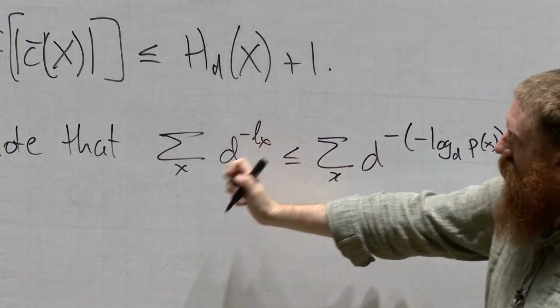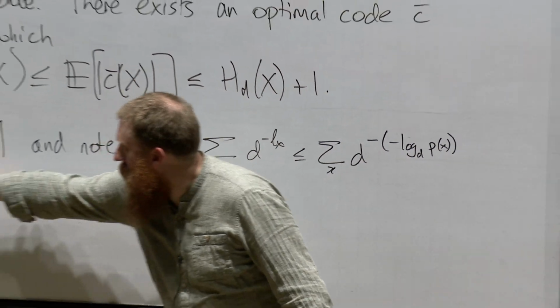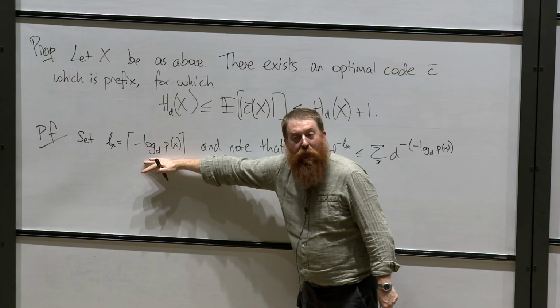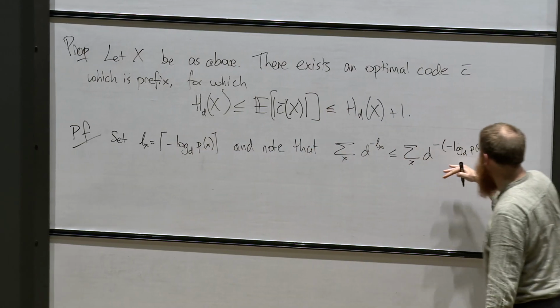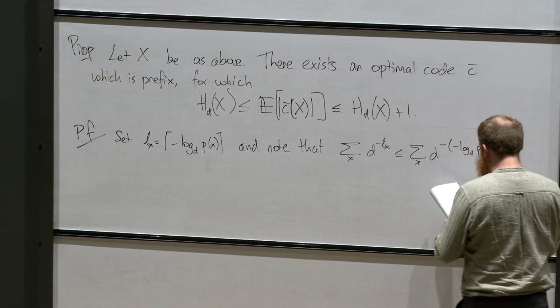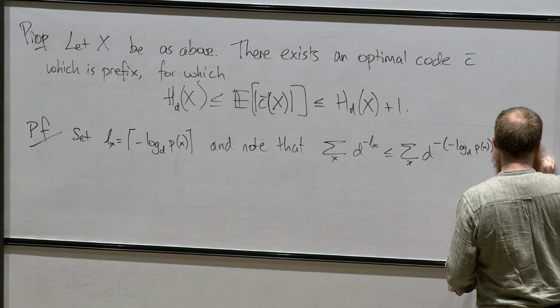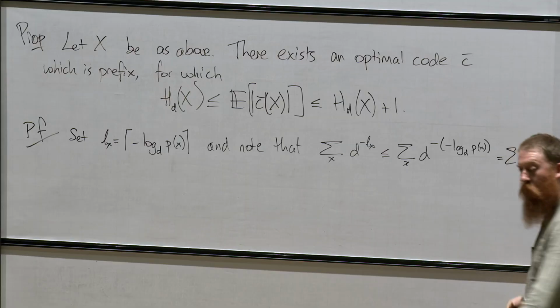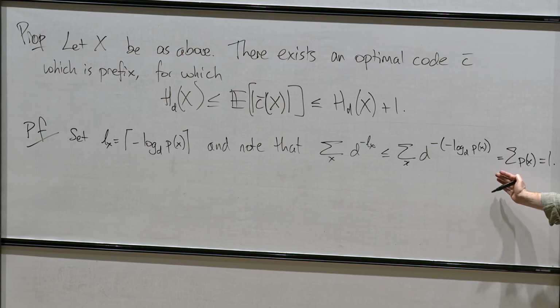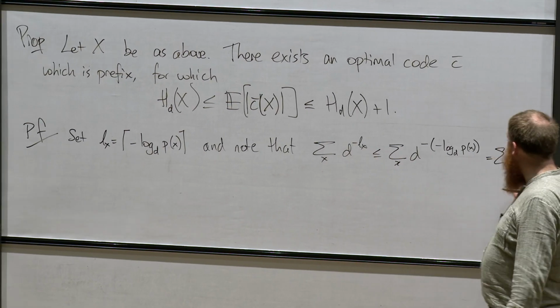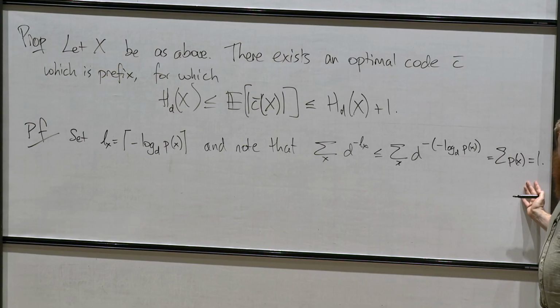This is just using the fact that Lx is slightly more than minus log px. So I'm just substituting that in to get an inequality, which is equal to the sum of the px's, which is 1. So I know this holds, and that, you notice, is the Kraft-Macmillan inequality.